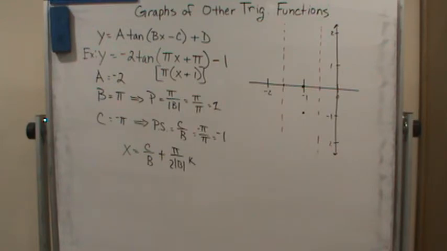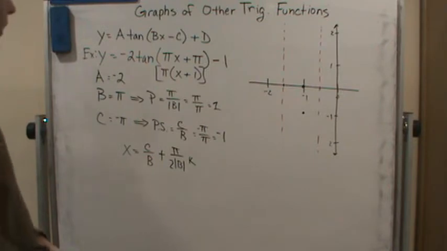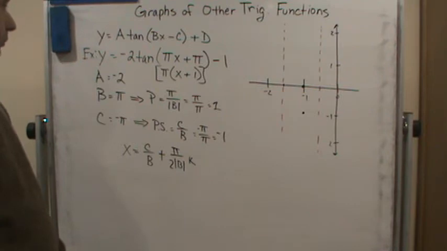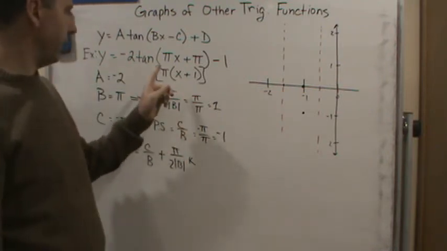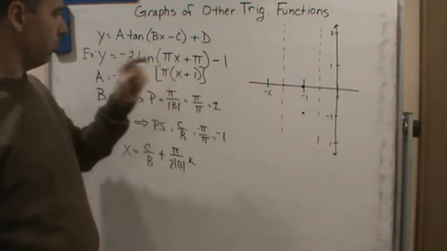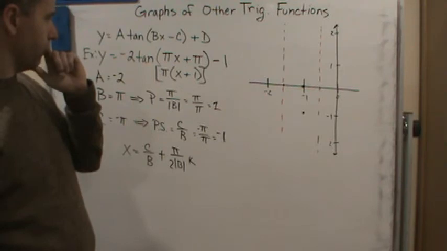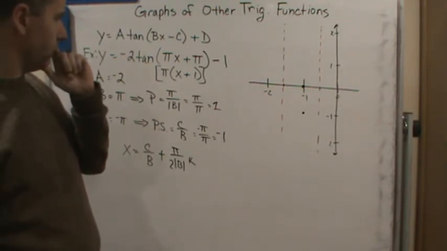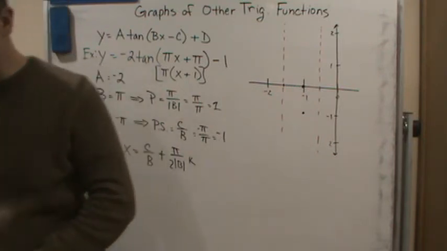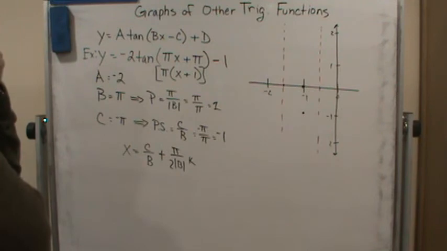Then we want to plot any 3 reference points. Well, we have 1, so we want to get 2 more.